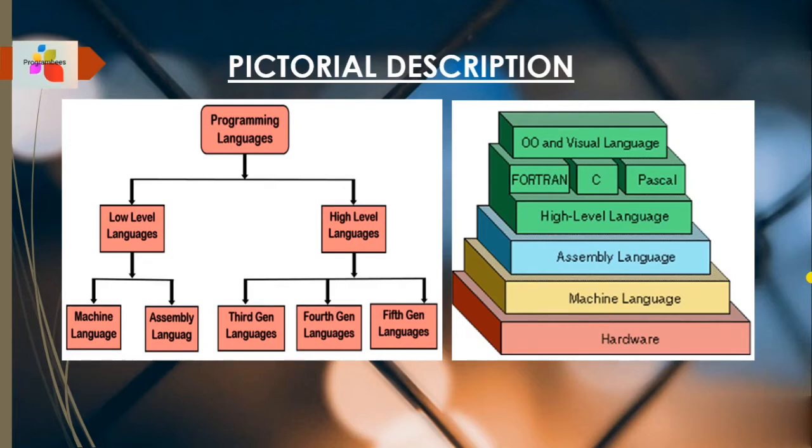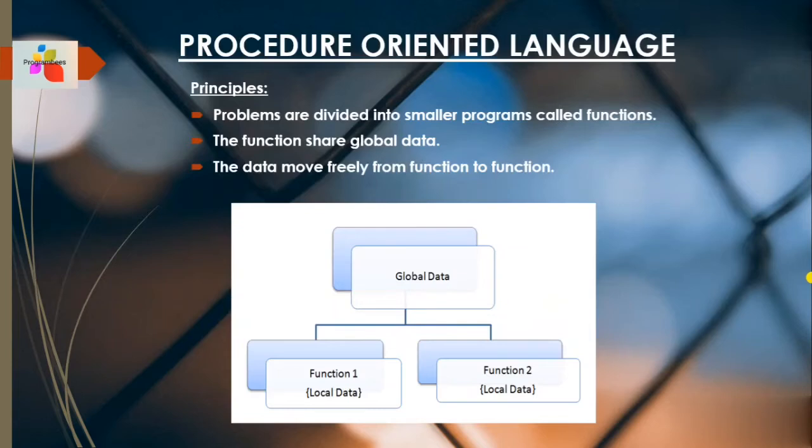From the first picture, second point, you can see that higher level languages are third generation, fourth generation and fifth generation languages. Now again in the second picture, you can see that the higher level languages are like C, Pascal, object oriented, etc.